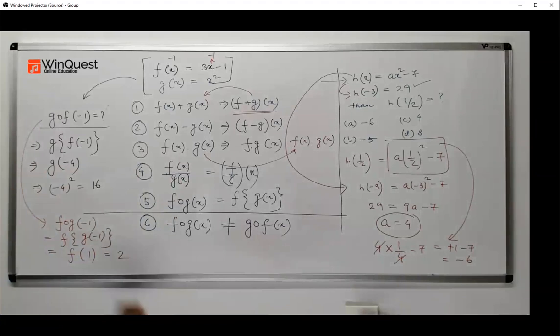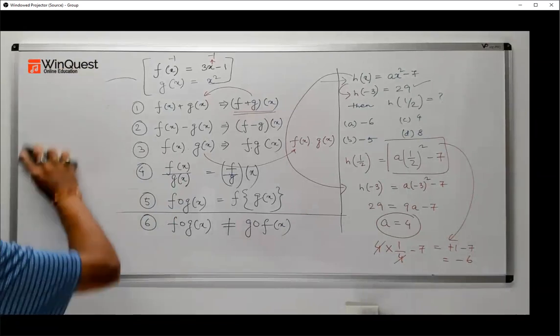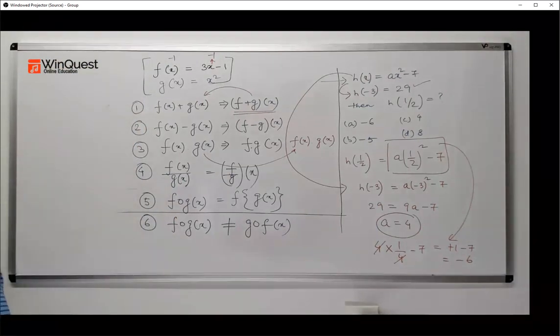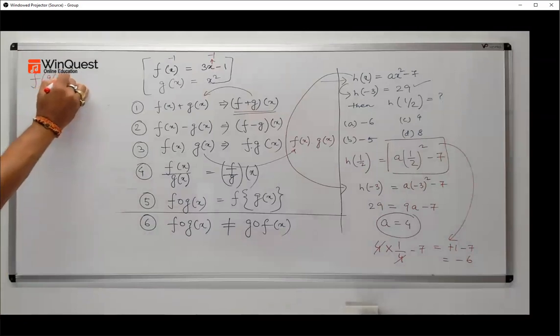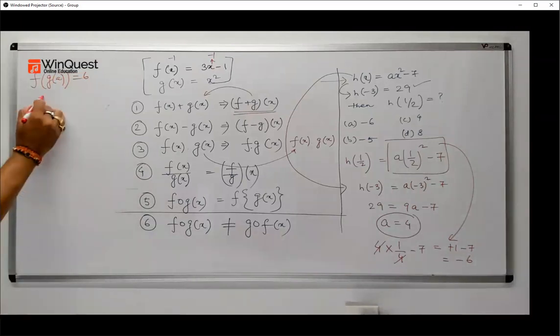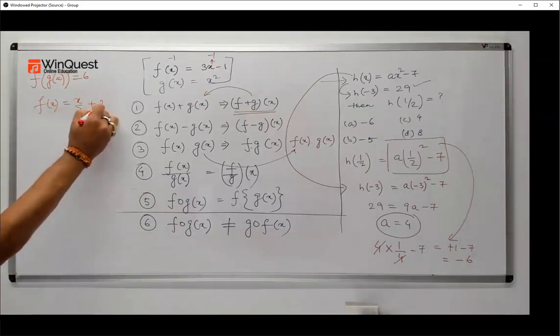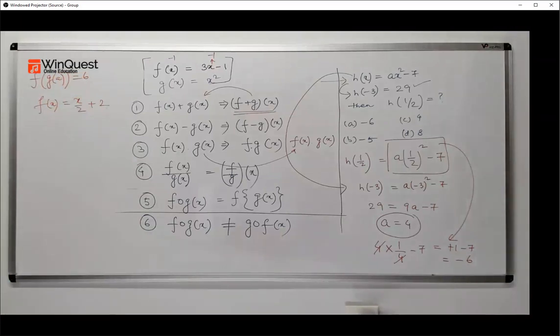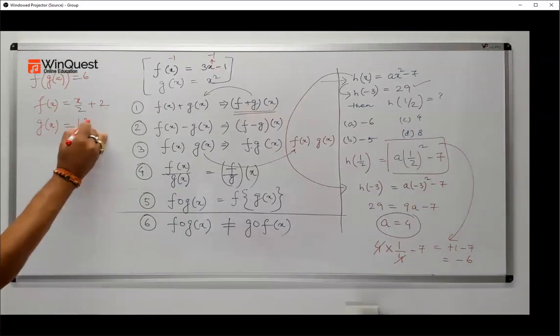Okay, very good. Now let's go ahead to do another problem related to function algebra. f of g of a equals 6. Given f of x equals x by 2 plus 2, and g of x equals absolute value of x square minus 10.